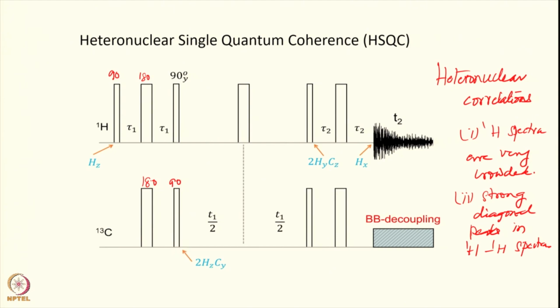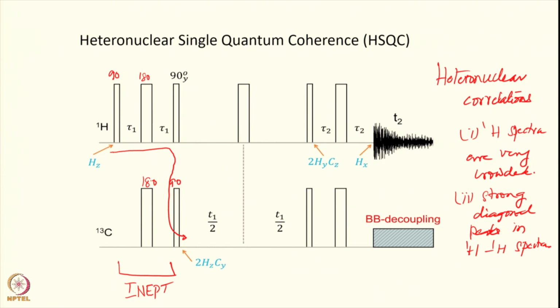Let me write here, this portion is your INEPT transfer. So how does the magnetization flow? It starts here, comes here, and then it moves to this.